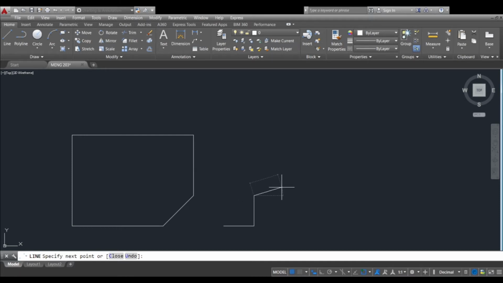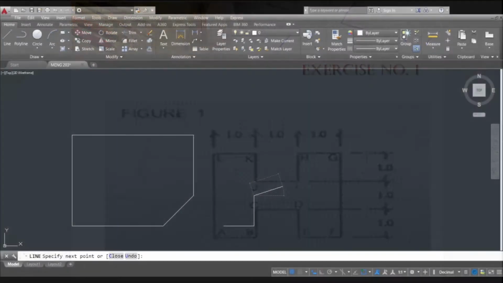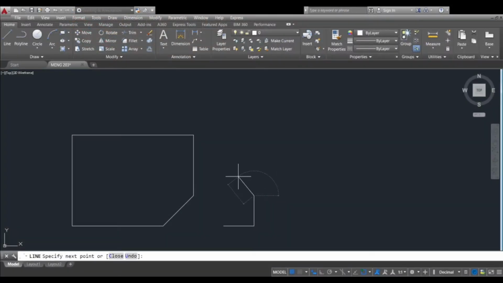Okay, going to point D. Point D is also 1 unit and that is 0 degrees from C to D. So our coordinate will be at 1, angle 0.